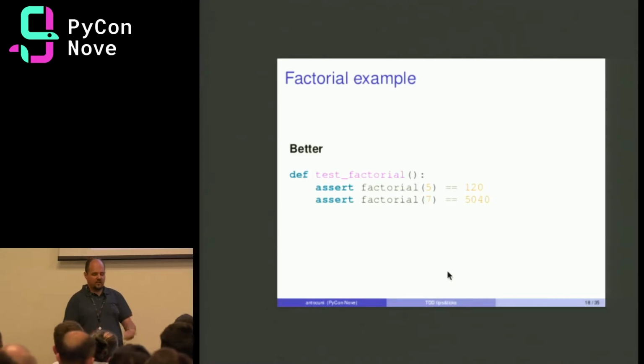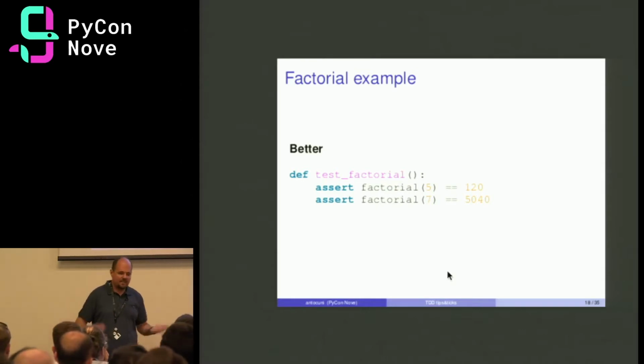And this is much better because it's correct, and when you read it, it's immediate to see what's happening. But there is still a better way because, yes, okay, factorial of 7 is 5,000 and something. But maybe I typed it wrongly, and the code is buggy, and the test passed, but they are both wrong.